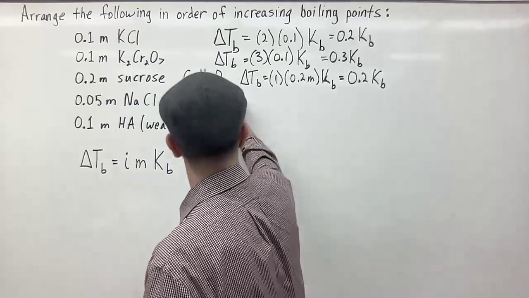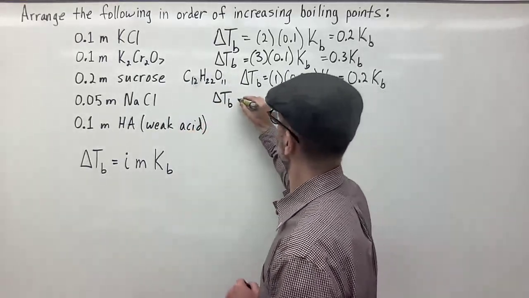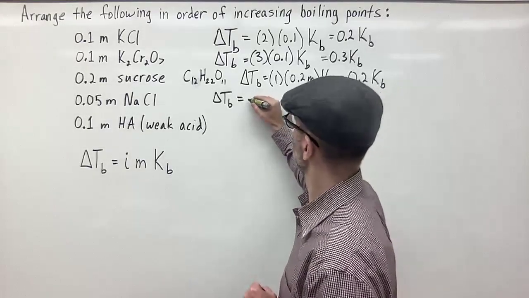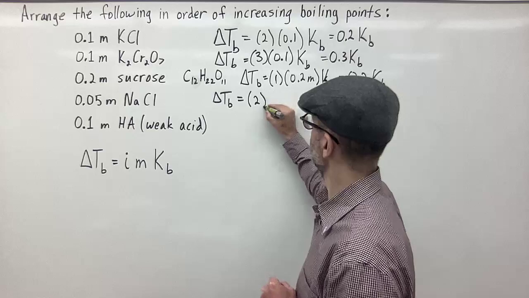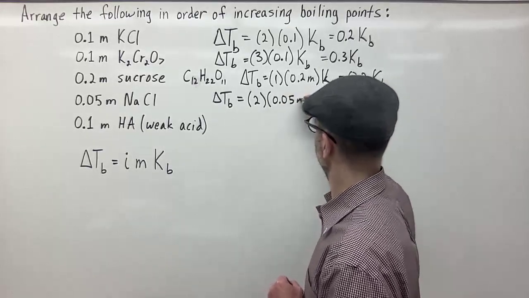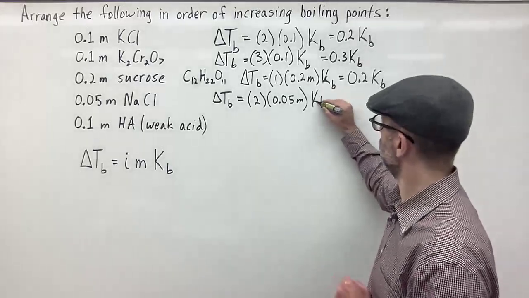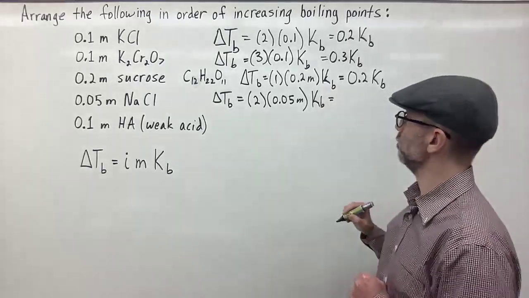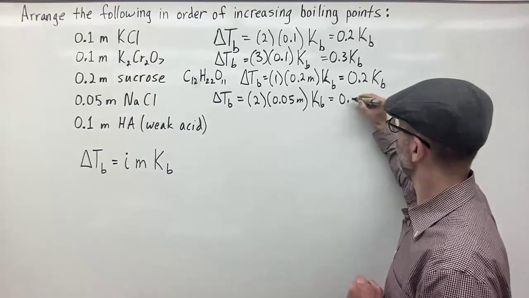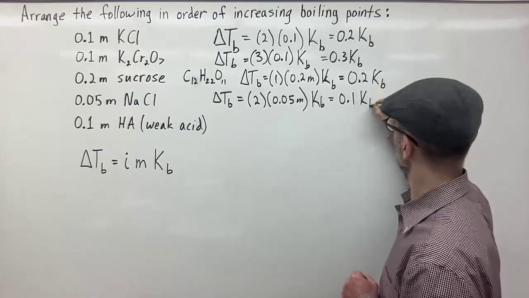So the change in the boiling point, delta T of boiling, is going to be equal to 2 for the Van 't Hoff factor multiplied by 0.05 molal multiplied by Kb, and that's going to be equal to 0.1 Kb.